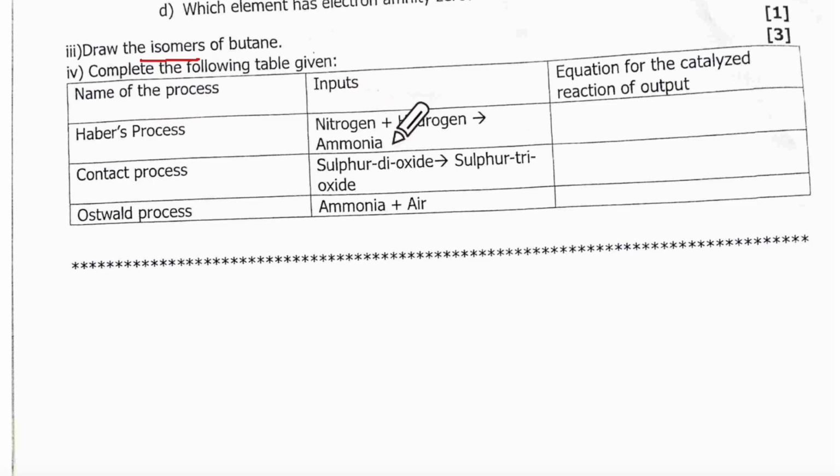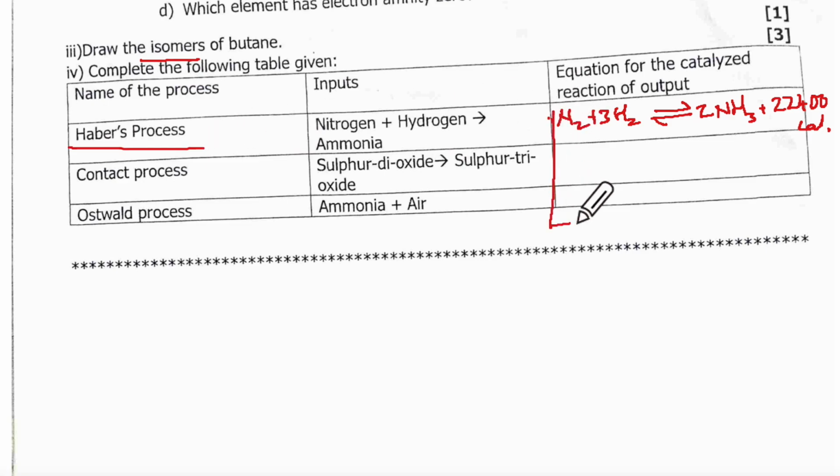Now name the process. Haber's process. You know this equation of the catalyzed reaction. It will be N2 plus 3H2, and that will be a reversible process, giving 2NH3 plus 22,400 calories. Correct? And then you have to write Haber's process, because this comes with a whole package deal.